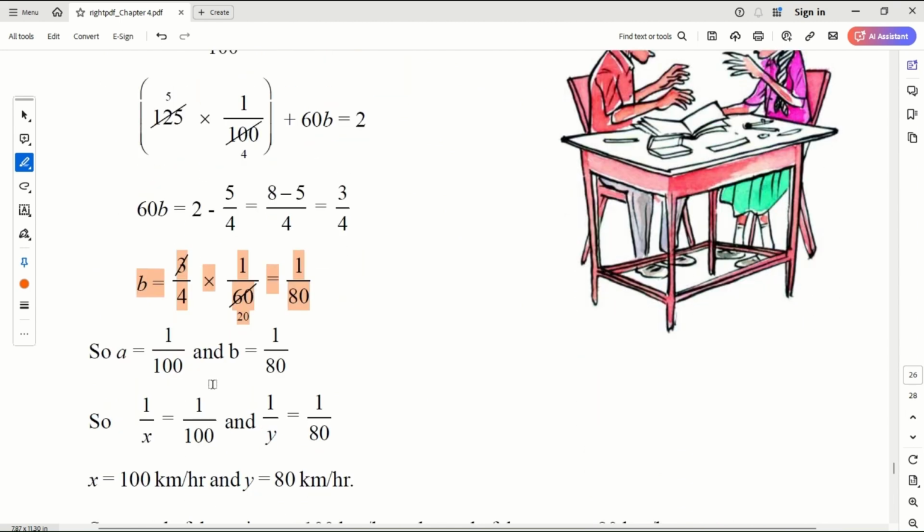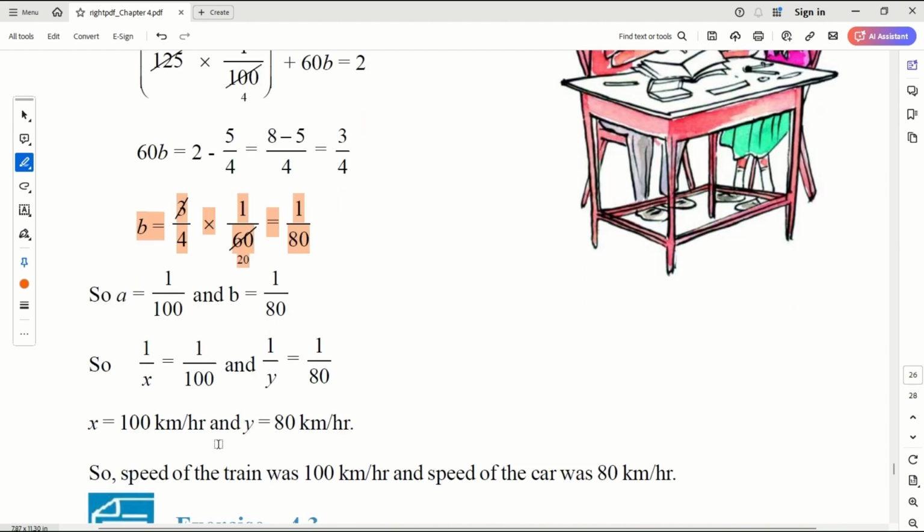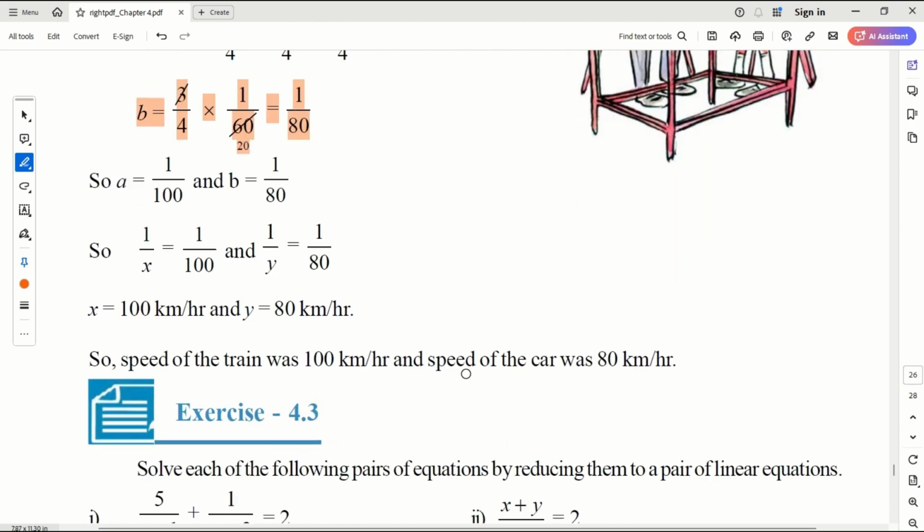Now a is nothing but 1 by x, so 1 by x equal to 1 by 100 and 1 by y equal to 1 by 80. That means x equal to 100 kilometers per hour, y is 80 kilometers per hour. You got the train speed as 100 kilometers per hour and the speed of the car as 80 kilometers per hour.